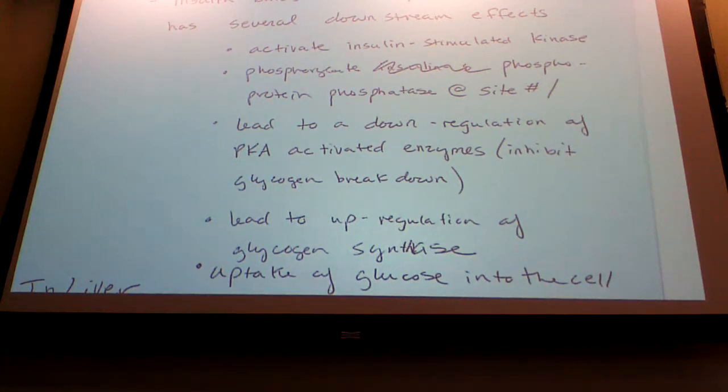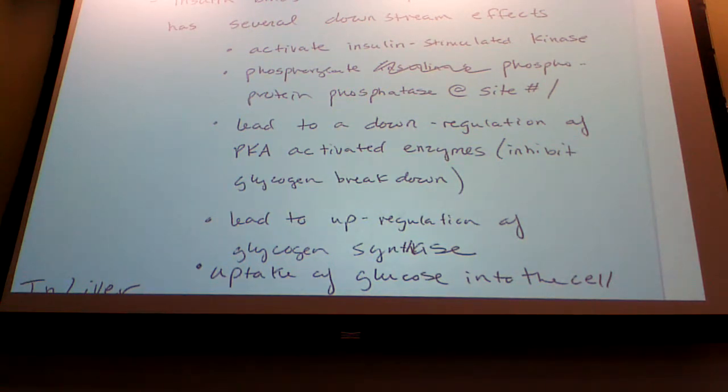All of those, they're held inside the cell in membrane-bound vesicles that then fuse with the surface of the cell through the stimulation of insulin kinase receptors.